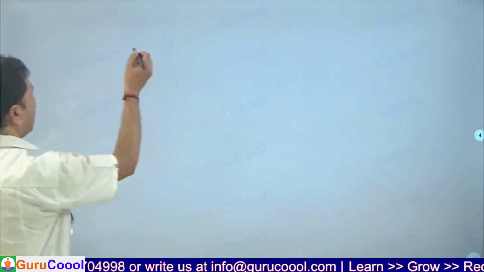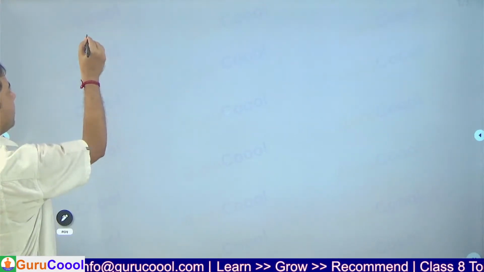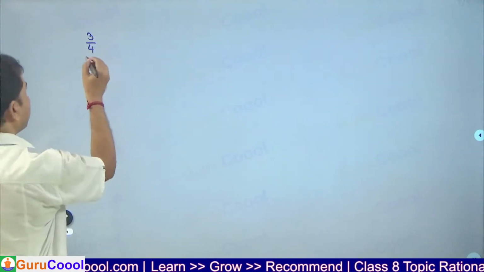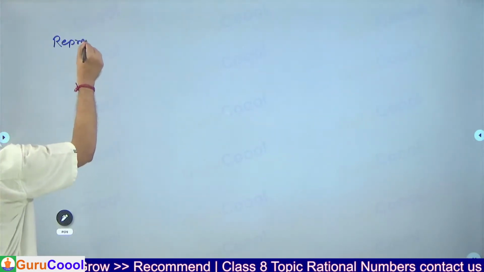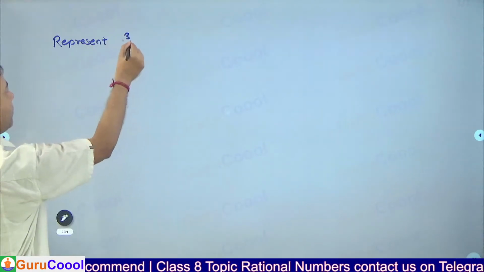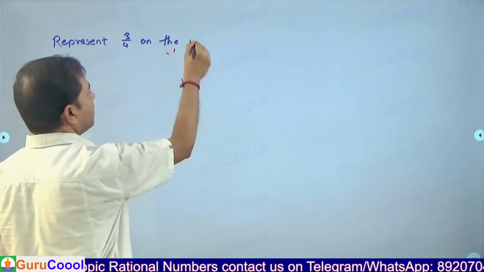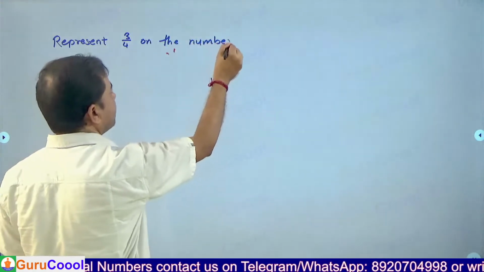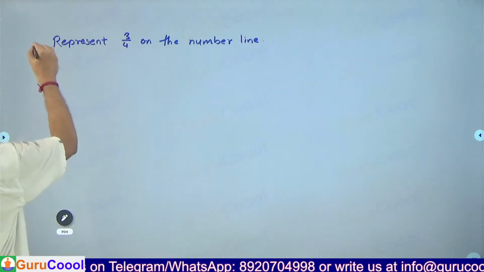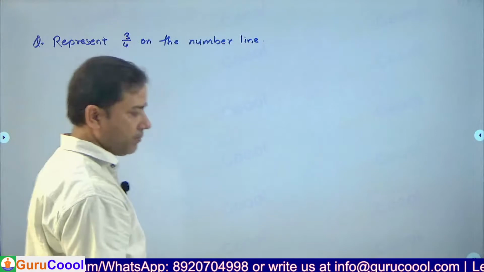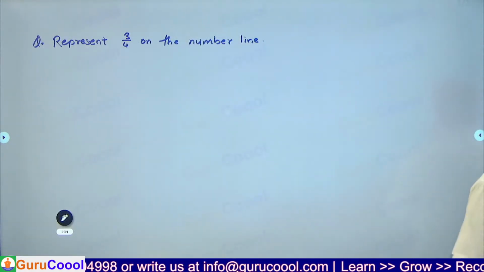For example, let's take a positive rational number 3 by 4. Represent 3 by 4 on the number line. Suppose this is our question and we have to represent this rational number on the number line.